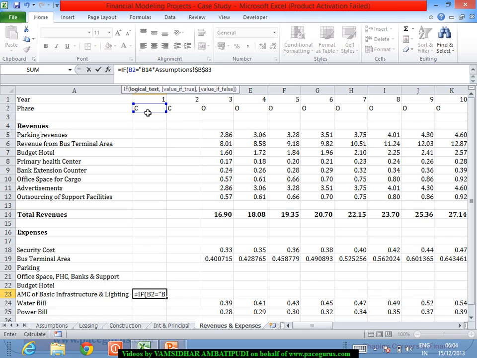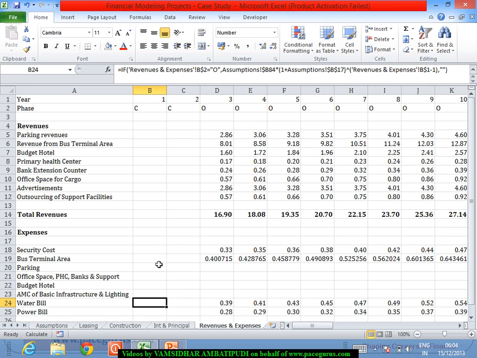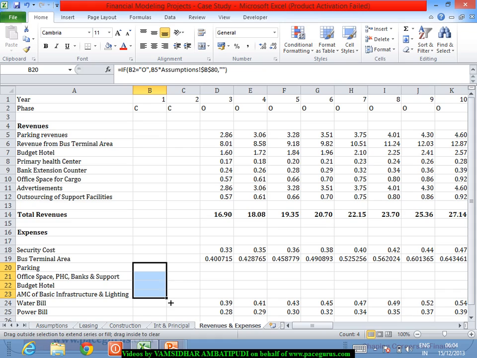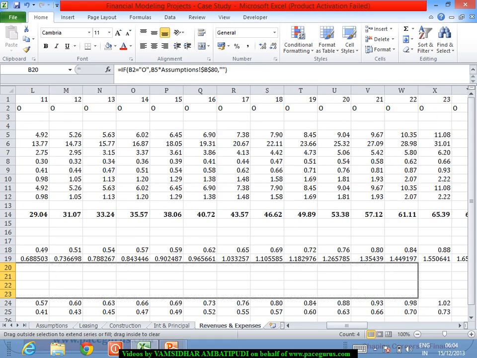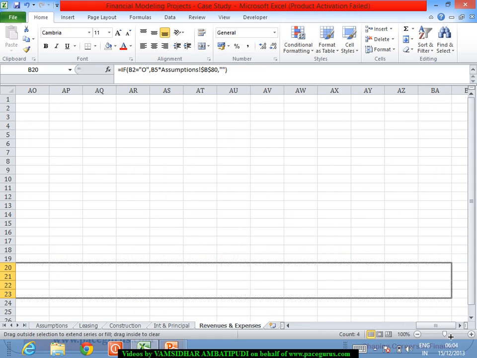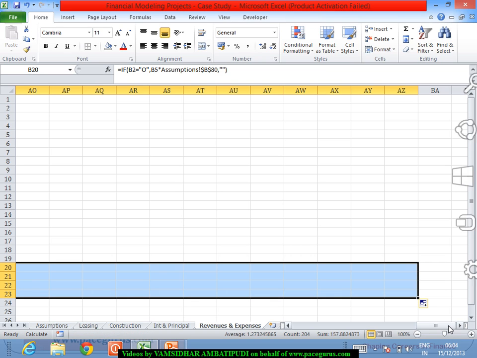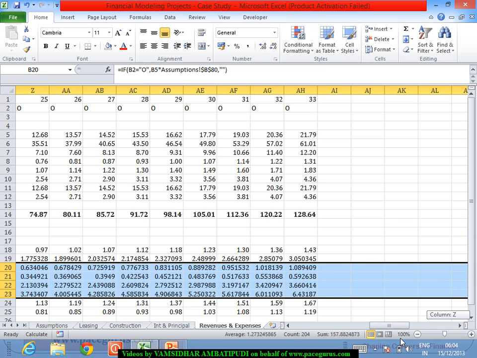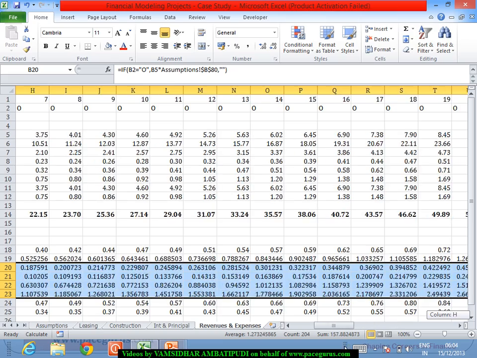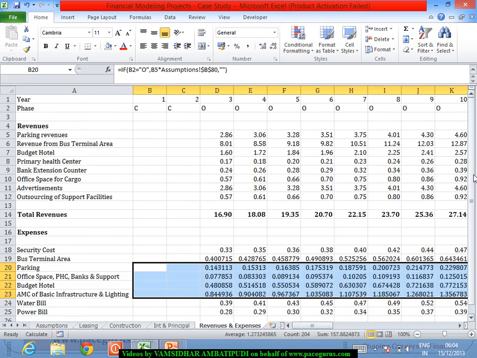So, you can very well work out with your businesses sources of revenues and expenses, which has to be done in detail. But with this case, I am making it as a simplified version of the same. Now, all I could do is I can drag all these things till the last up to my AZ column, and I could clearly expect that all these costs are updated accordingly.